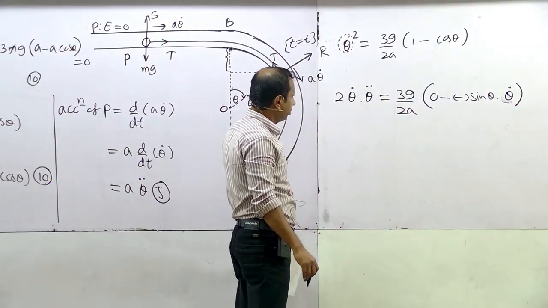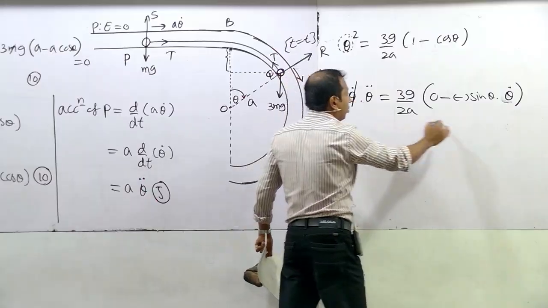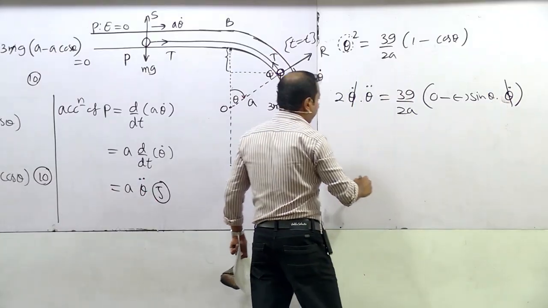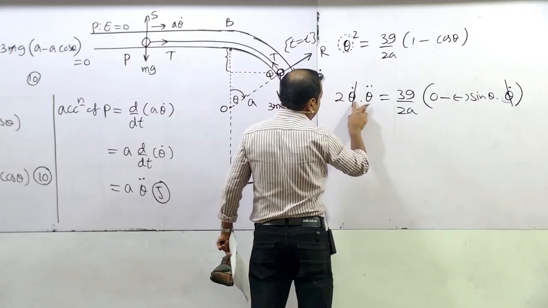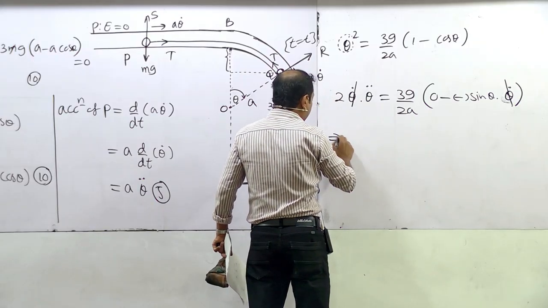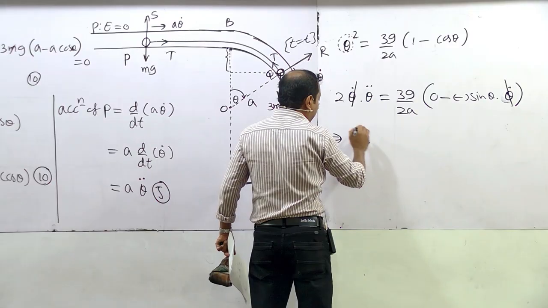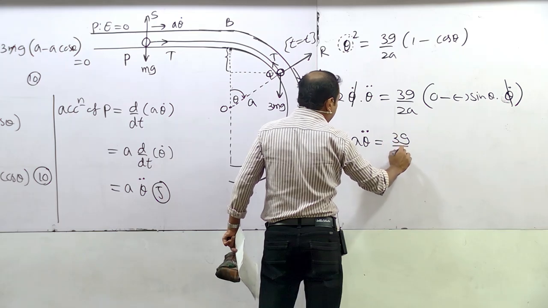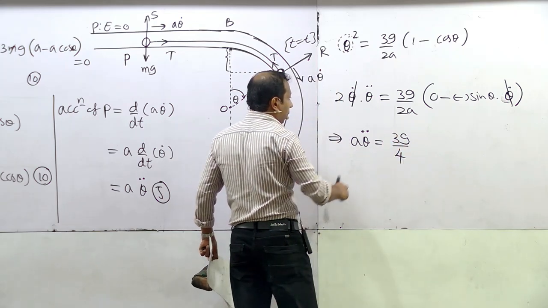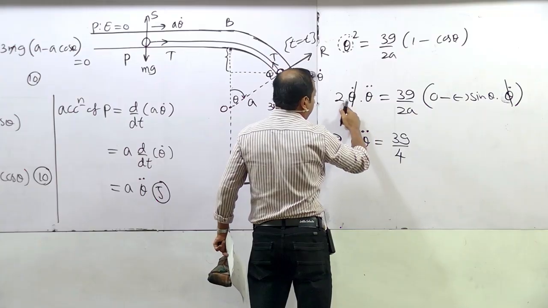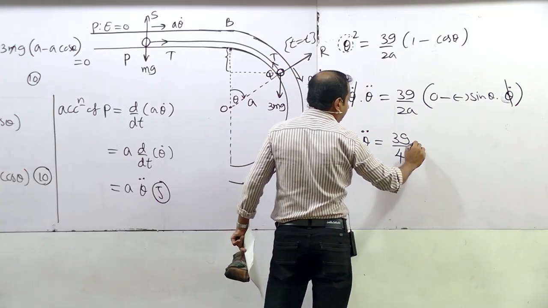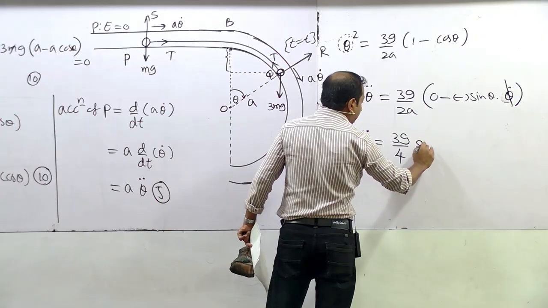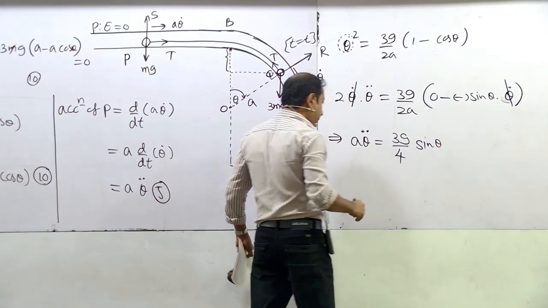Then this theta dot, you can cancel out with this. Bring this a here and 2 over here. This gives us a theta double dot. A theta double dot is equal to 3g by 4 sine theta. Correct, no? Bring this a here, 2 here, 3g by 4 here, sine theta. Okay?